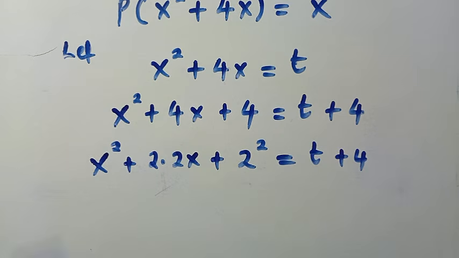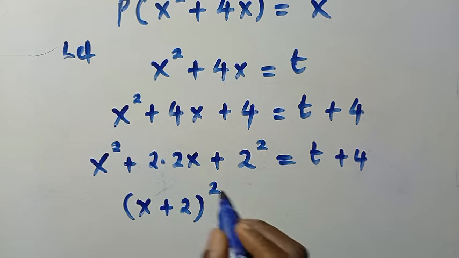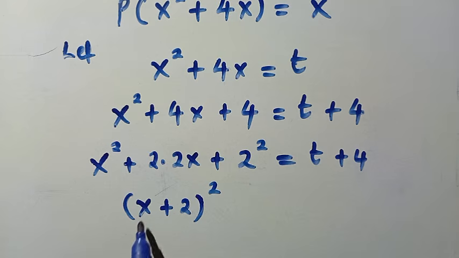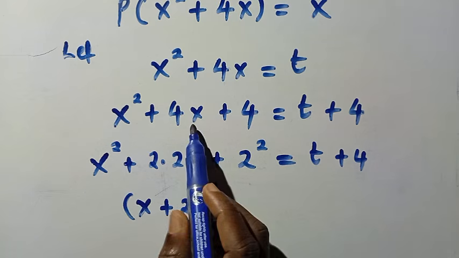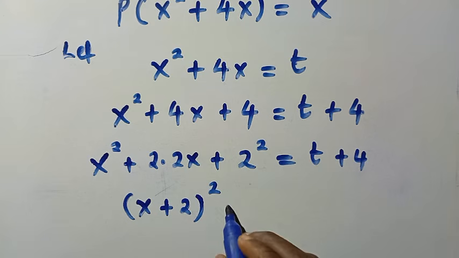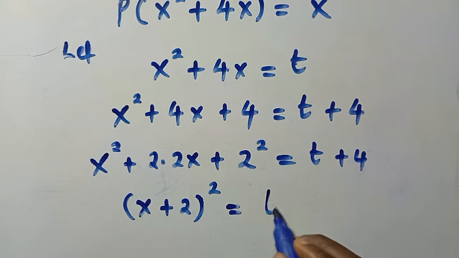And an expression like this is reduced to x plus 2 raised to power 2. When we expand x plus 2 raised to power 2, we get x squared plus 4x plus 4, which equals t plus 4.